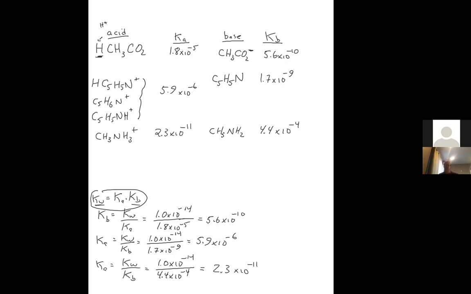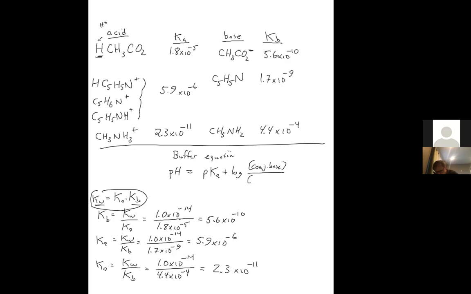Okay, interesting relationship. Now here's what's going to happen. When we get to the next chapter, chapter 17, we're going to look at something called the buffer equation. The buffer equation is going to give us a way to calculate the pH, which is equal to the pKa plus the log of the concentration of the conjugate base over the concentration of the conjugate acid.